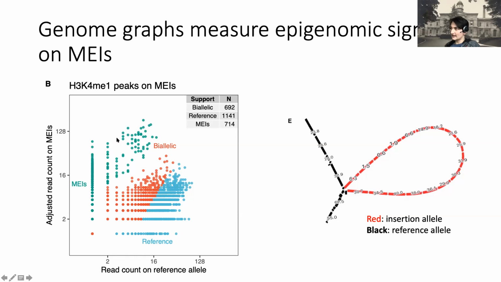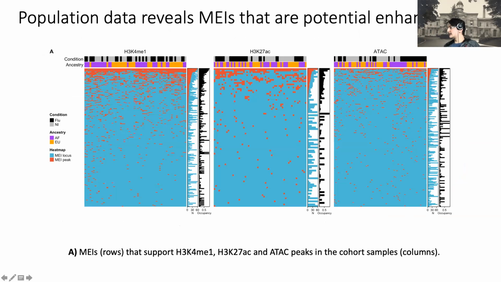The green points indicate epigenomic events that are wholly supported by the insertion allele, and the red points indicate epigenomic events that are equally supported by the reference and the insertion allele, and the blue events are just supported by the reference allele. So all these are interesting, but using this sort of approach, we can have a population scale map of these events.